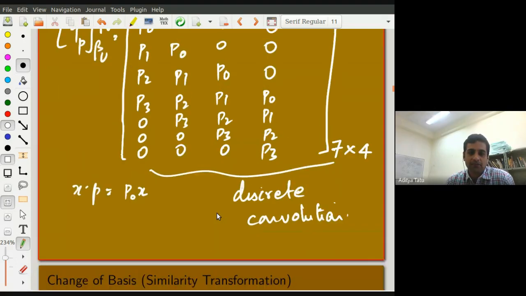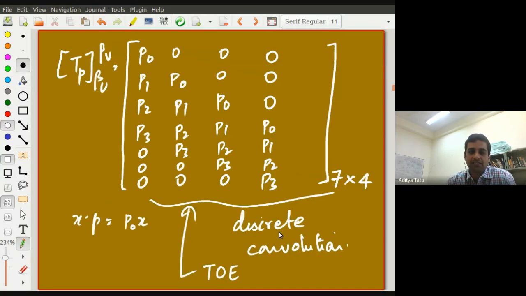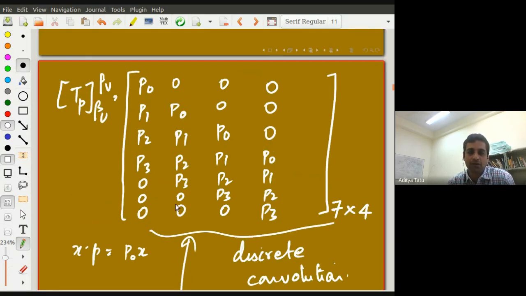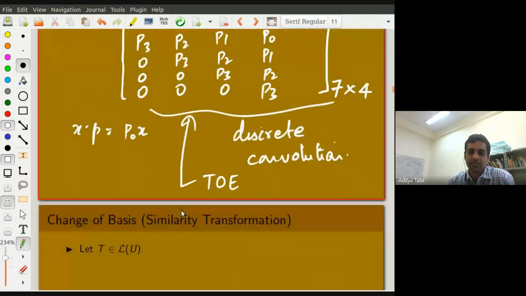Okay, and have you also studied what such a matrix is called? You can see every column is a shifted version of the previous column. Such a matrix is called a Toeplitz matrix.